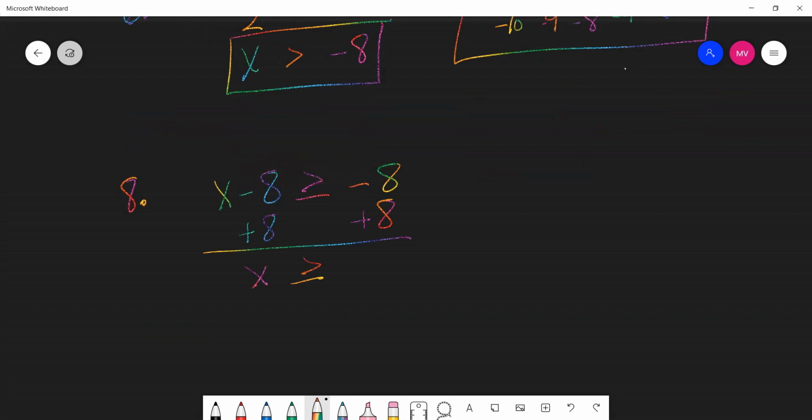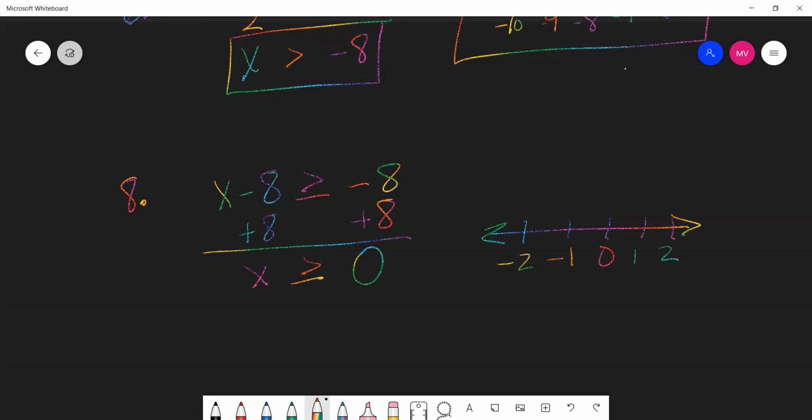So what's -8 plus 8? That's the same thing as -8 plus +8. Right, we find the difference. So x must be greater than or equal to 0, which is fine. You throw a 0 on a number line any day. So 0, -1, -2, 1, and 2.